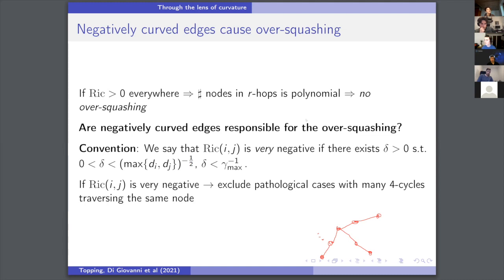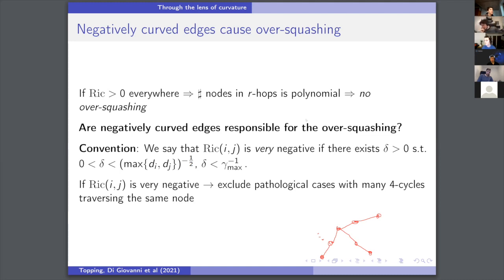But in the graph that I drew down here, isn't the curvature for every edge 0? If this goes on infinitely, it's like a star graph with infinitely many branches, or let's say 1,000,000.